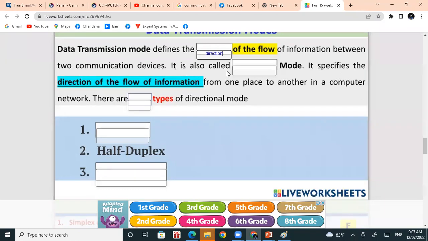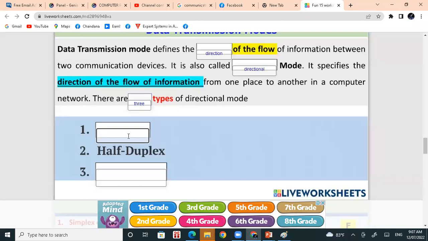It is also called which mode? Directional mode. It specifies the direction of the flow of the information from one place to another in a computer network. There are how many types? Three types of directional mode.